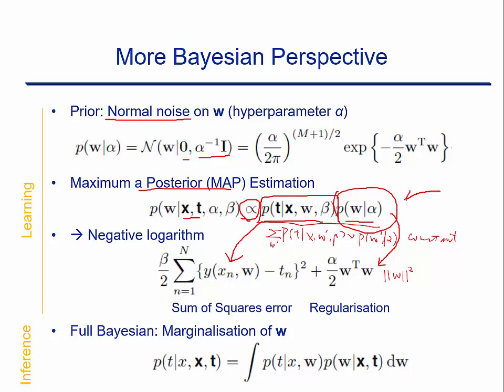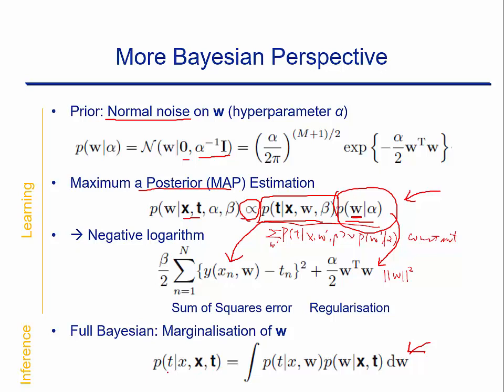Now, with this equation, in the fully Bayesian approach, we should consistently apply the sum and the product rules of probability so that we can integrate over all possible values of W, as in this new equation.